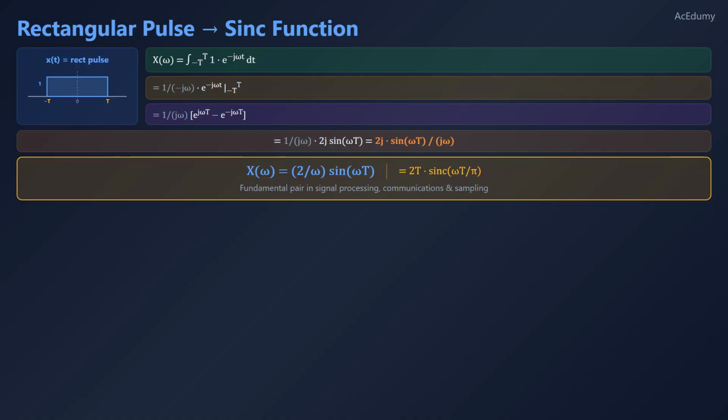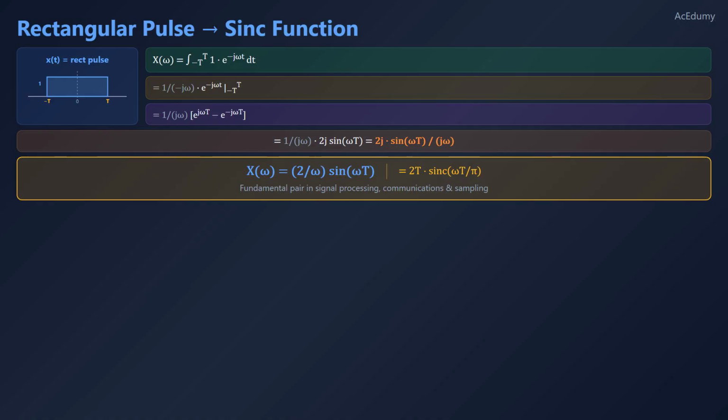Now let's compute one of the most important Fourier transform pairs in signal processing. Let x of t be a rectangular pulse of amplitude 1, extending from minus capital T to plus capital T. Applying the FT definition, X of omega equals the integral from minus T to T of 1 times e to the minus j omega t dt.